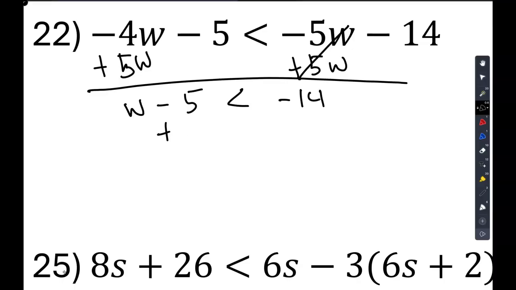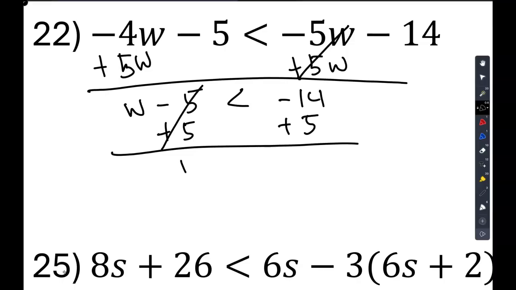We're going to add 5 on both sides. Okay, the 5s cancel out. Bring down the w. W is less than negative 14 plus 5, which is going to be, okay, you'll get negative 9 here. And w is less than negative 9.